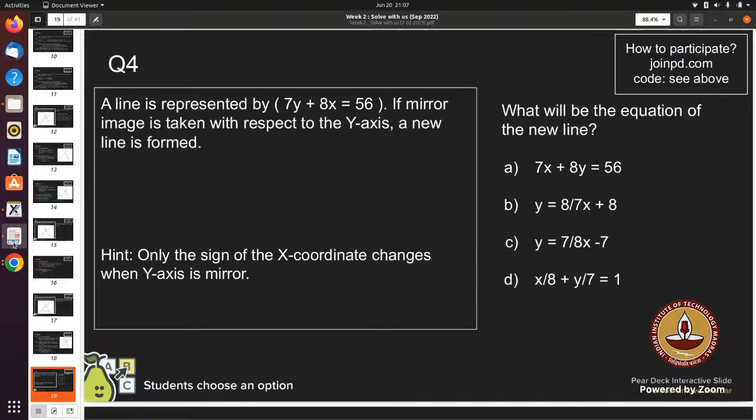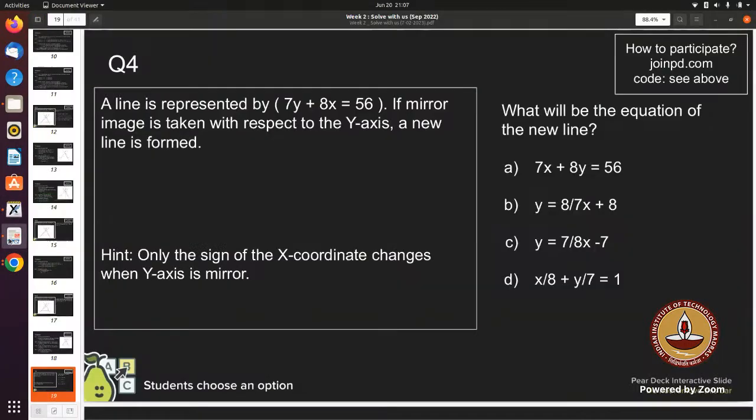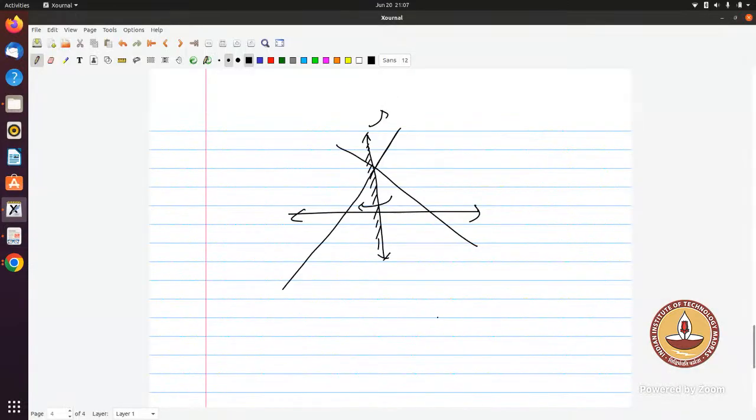Since it is given as a mirror in y-axis, the point will be minus 7, 0 on this side. Exactly. With minus 7, 0 and 0, 8, we can find the other equation.